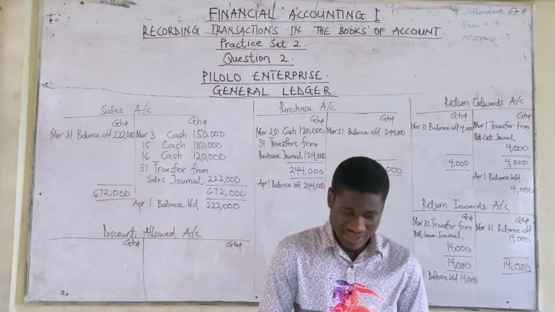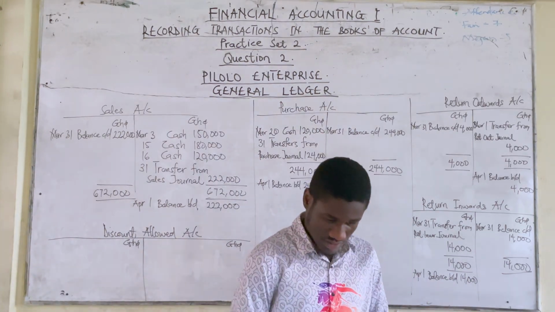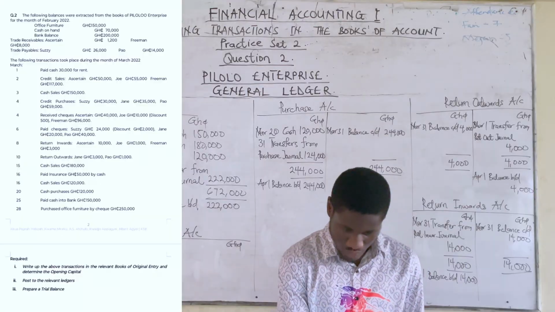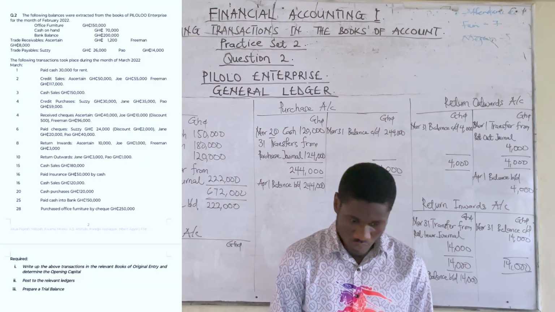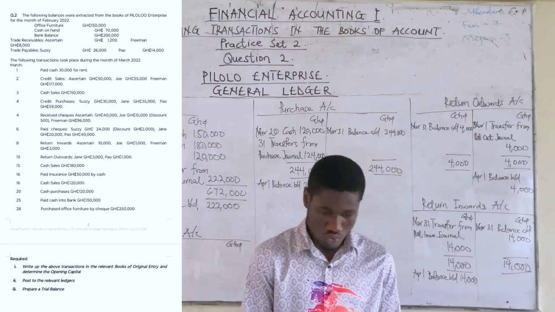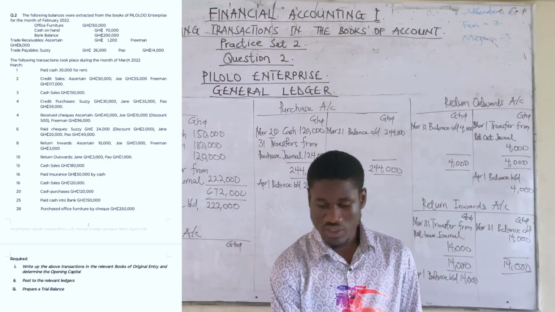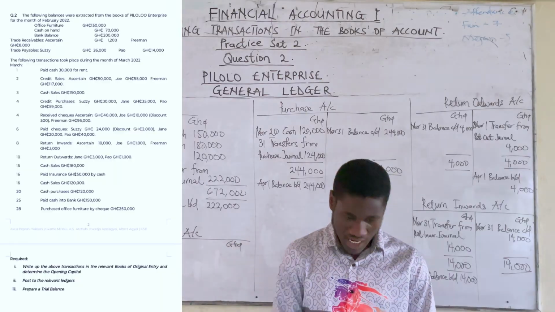So when did we have a discount allowed in the question? You can see that it was March 4th. We allowed discount of 500,000. So that's what we are going to show in the account.